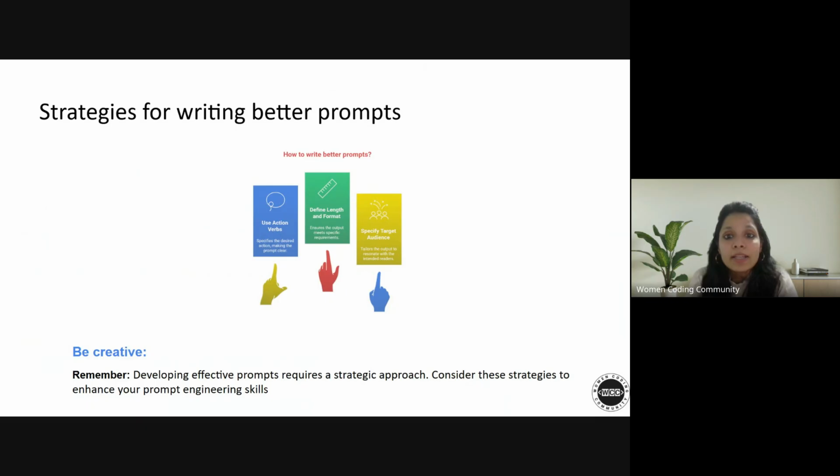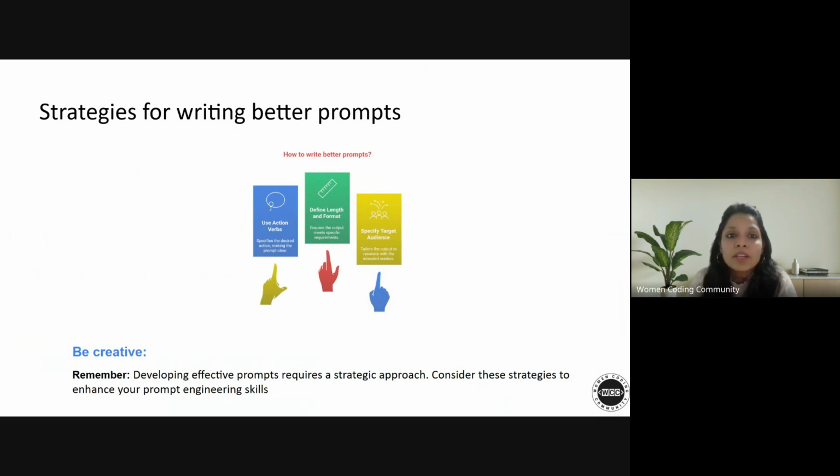So as I said, a good or a better prompt would look like: use of action verbs, specific desire, and, as I said in role-based, the counselor has a role to perform. And always define the length and the format. It's a good practice when you're writing your prompts and building your application.